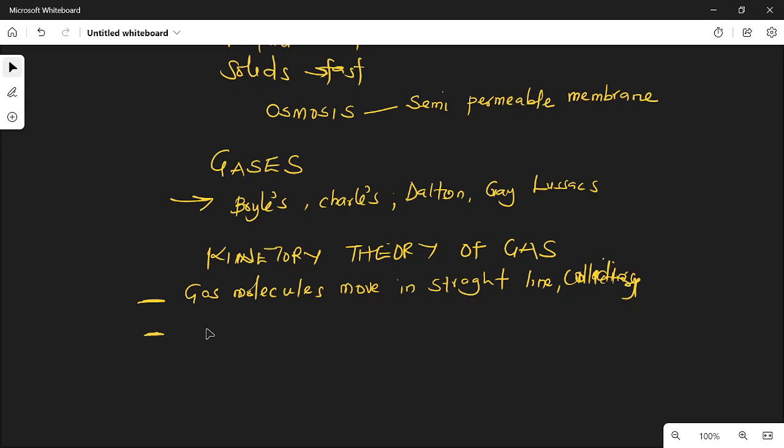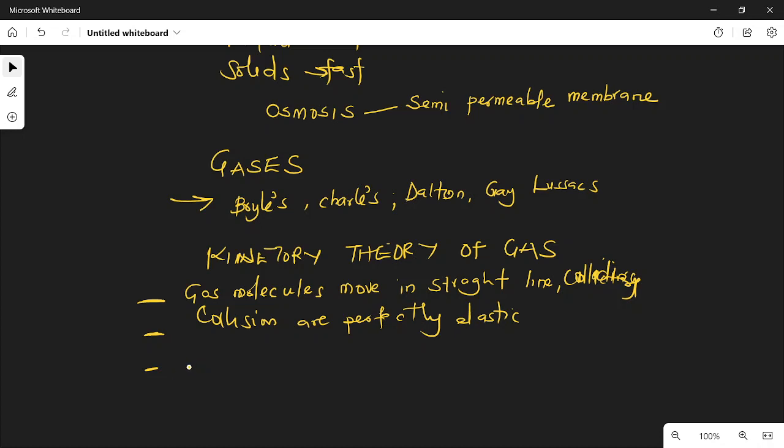Very, very important. And their collisions are perfectly elastic. The meaning of perfectly elastic is that when they collide, they don't gum together, they rebound like balls.